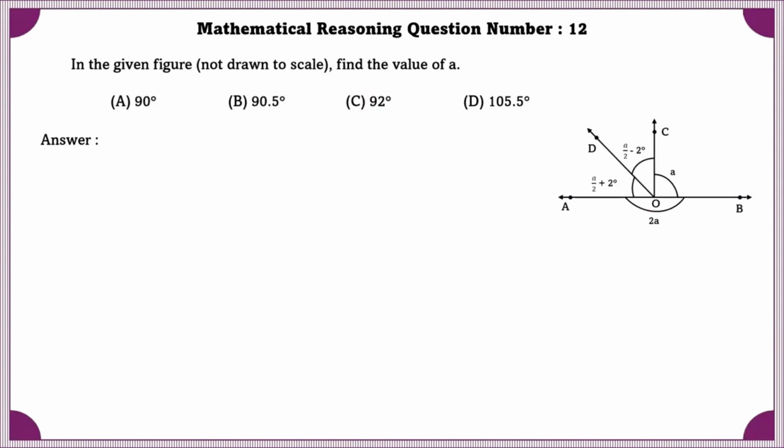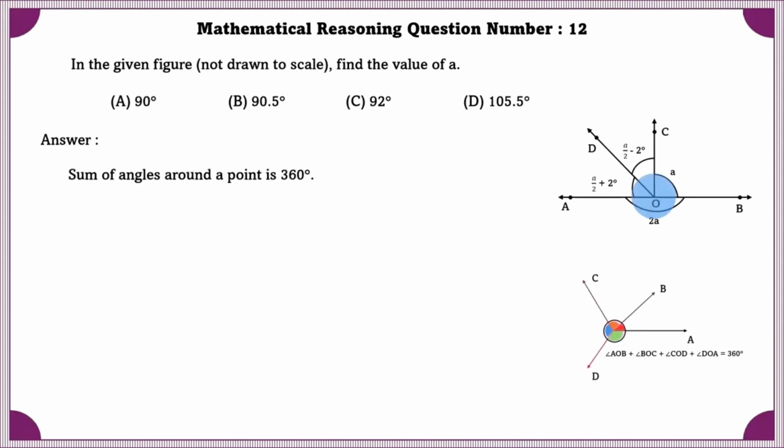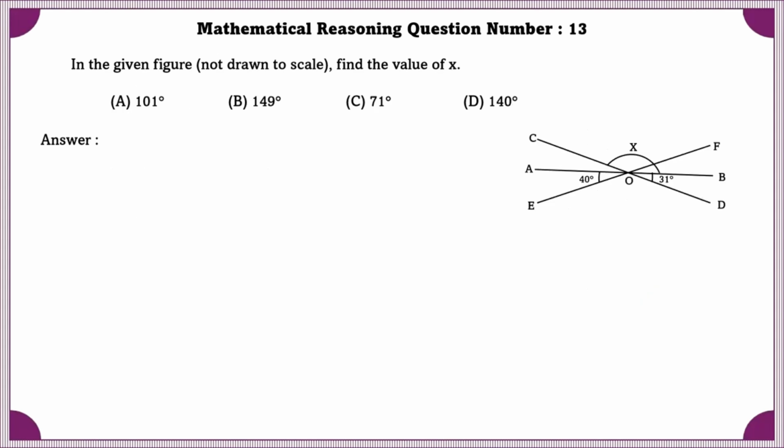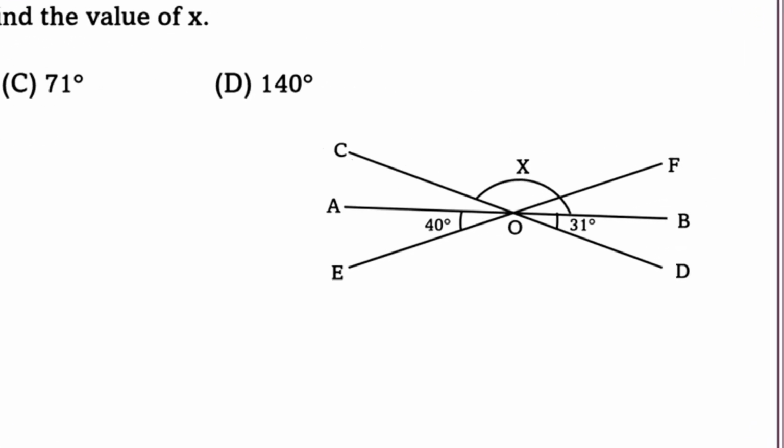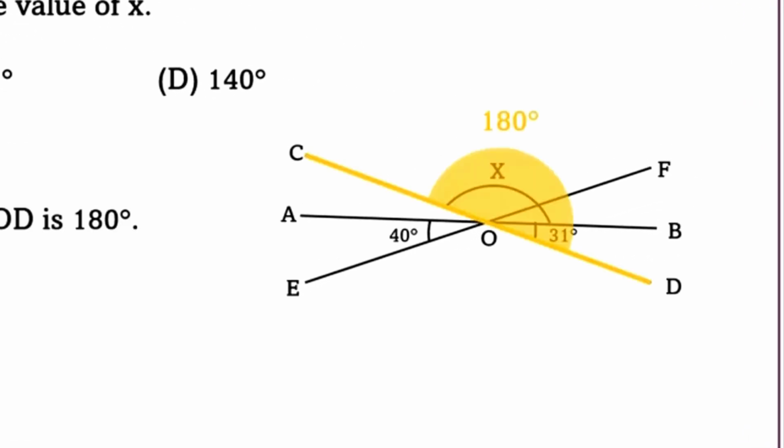Mathematical reasoning question number 12. In the given figure not drawn to scale, find the value of A. We know that the sum of angles around a point is 360 degrees. We can substitute the value of the given angles and find the value of A. A is 90 degrees. Mathematical reasoning question number 13. In the given figure not drawn to scale, find the value of X. Here we can see that CD is a straight line and angle COD is 180 degrees.